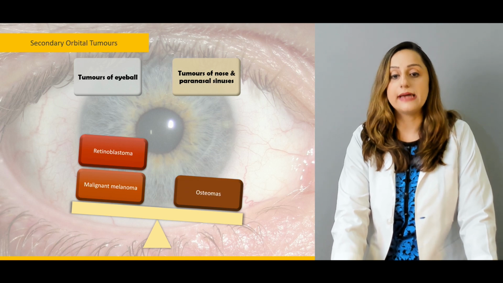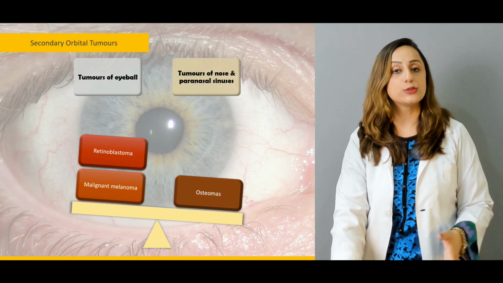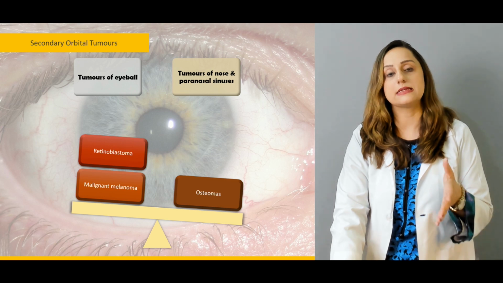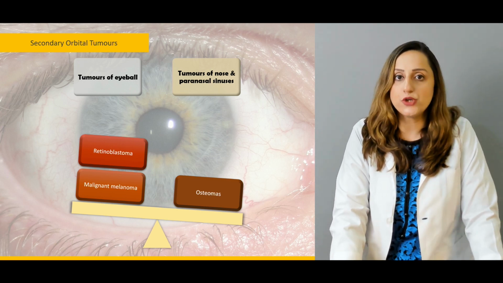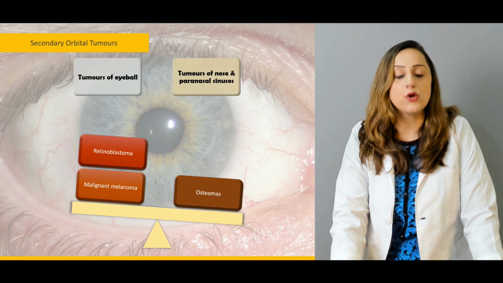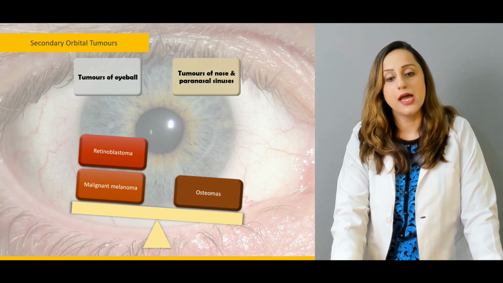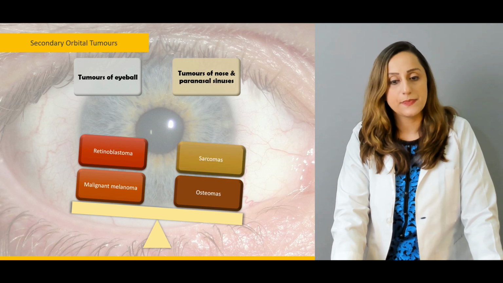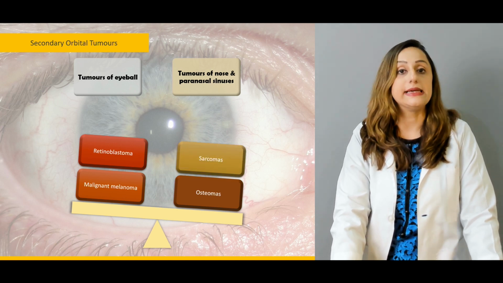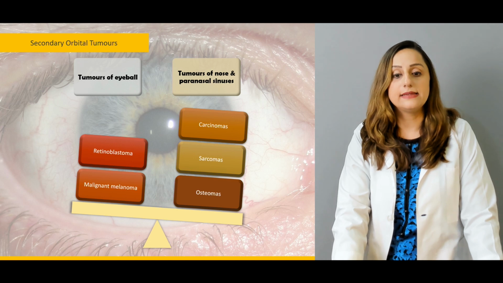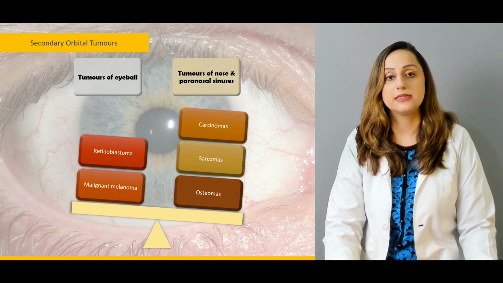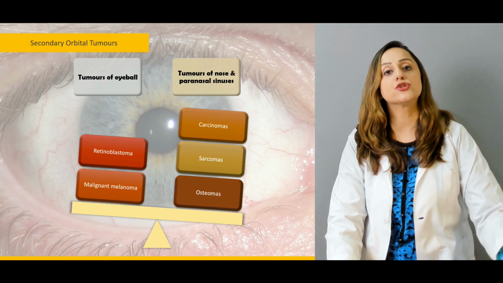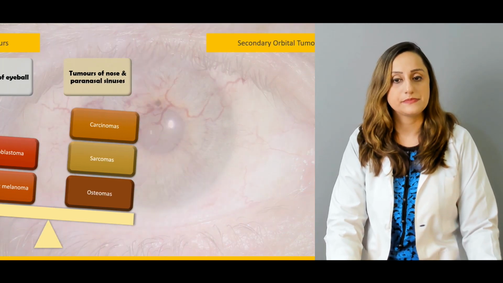On the other hand, we have the tumors of the nose, the paranasal sinuses, and the nasal cavity itself, which would obviously include the bone tumors, which can be benign or malignant in origin, ranging from the osteomas to the sarcomas that are malignant, and then we have carcinomas which can metastasize to distant organs or distant regions of the body.